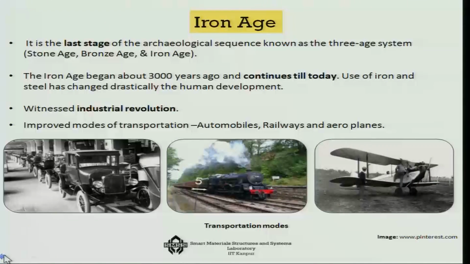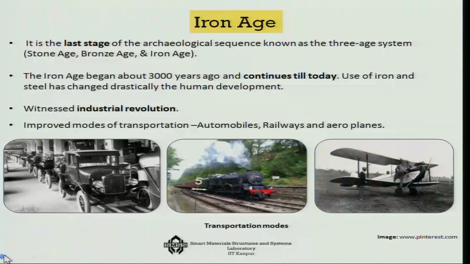Now, once the iron came, slowly there is nowhere that iron has not invaded us. For example, think of the automobiles. The earlier automobiles were made of wood, but the Ford T generations were made of steel. So, steel dominated the automobiles. Of course, the entire railway transportation system got dominated by iron.